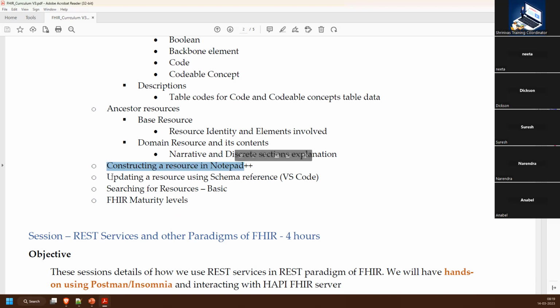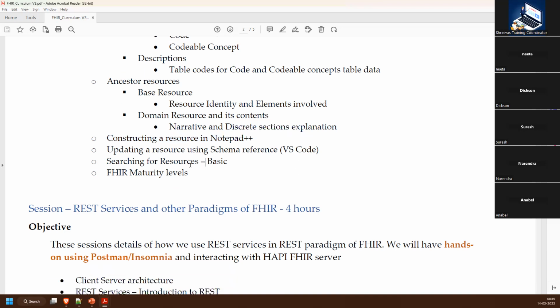And we'll also look at how we create a resource using a schema reference using VS Code. Both of these are manual exercises. This is creating a resource without any schema. This is creating a resource with the help of schema support in Notepad or VS Code, any one of them.